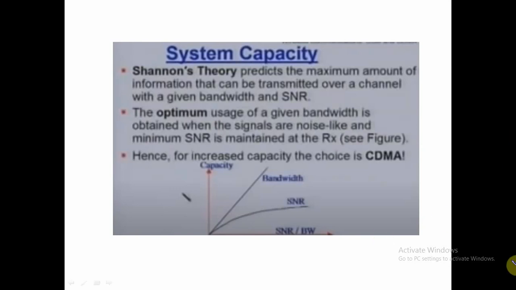Now let us go to Shannon's theory related to system capacity. Shannon's theory predicts the maximum amount of information that can be transmitted over any channel with given bandwidth and SNR.